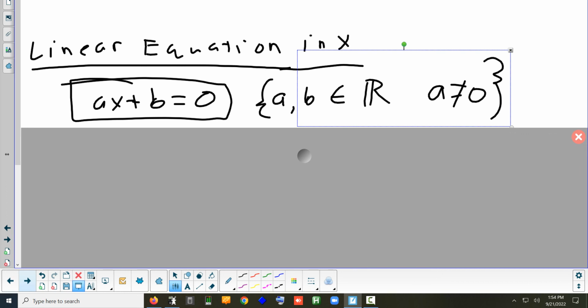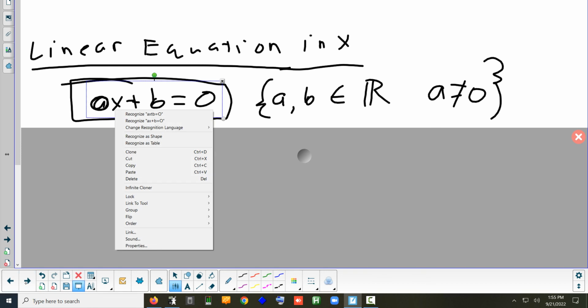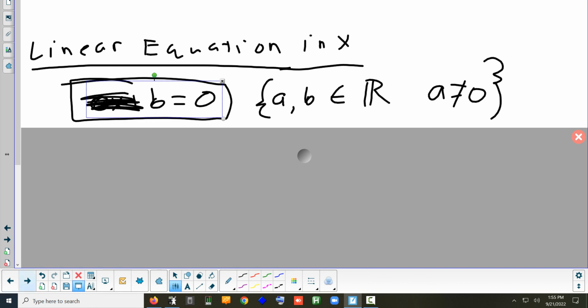Basically, A and B can be anything you want, except there's one thing you are not allowed to let A equal, and that's 0. Because if you make A 0, what's 0 times x? 0. So what you've effectively done now is you just wiped that whole thing out.